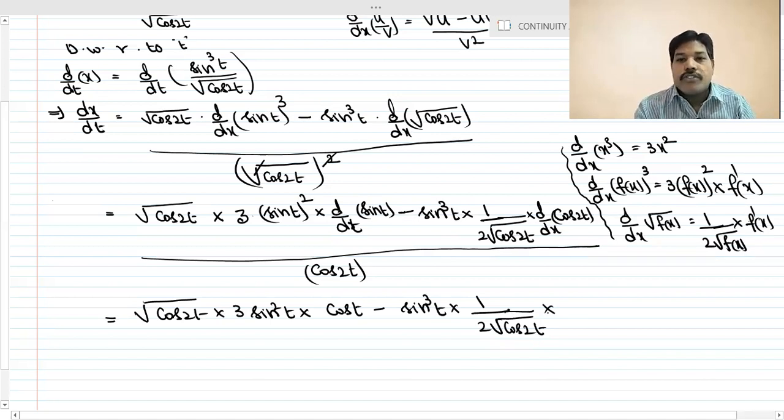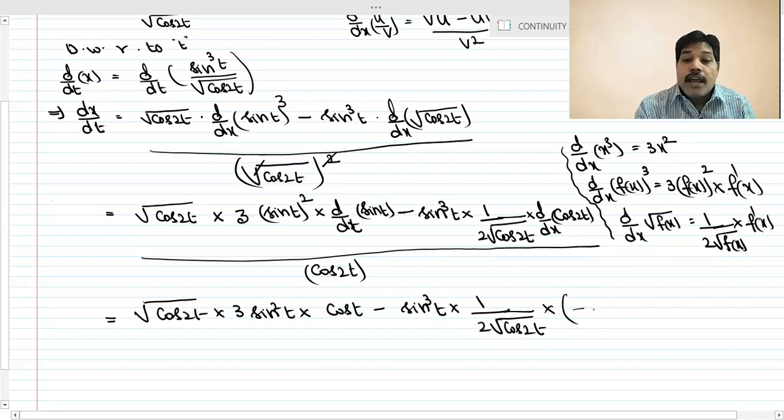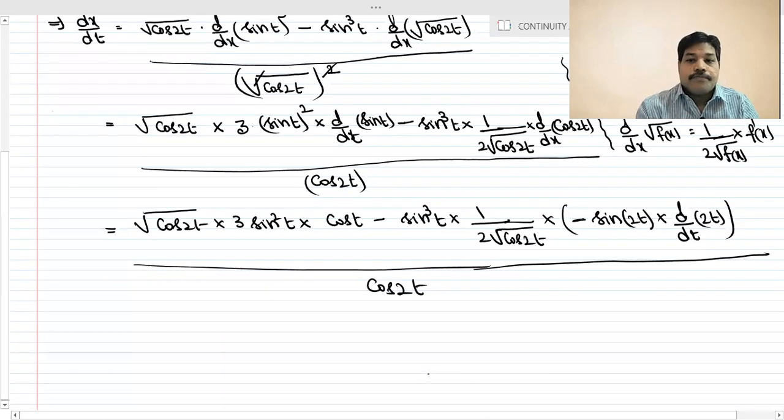Once again I am going to use the derivative of cos f of x. What is the formula, students? Minus sine f of x into f dash of x, meaning the derivative of 2t, whole by cos 2t. Are you understanding that? So next see that one.